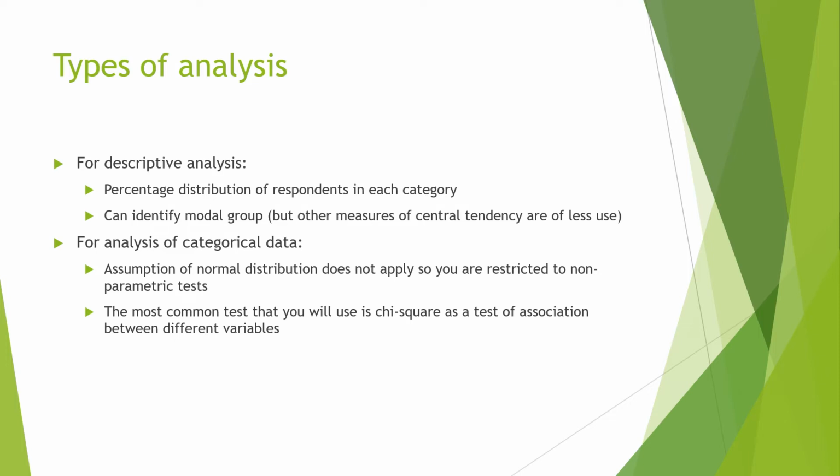Now, I'm not going to be going back and telling you how you calculate chi-squared tests, because when we use SPSS, you don't really need to understand the full statistics behind it. You really need to learn how to interpret it. So I'm going to be showing you how SPSS calculates the chi-squared for you, and more importantly, how you interpret it, because that's the really important thing that you need to learn.